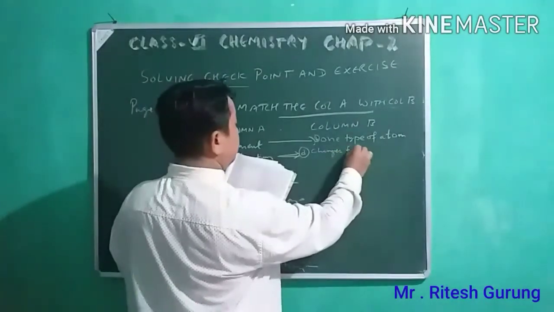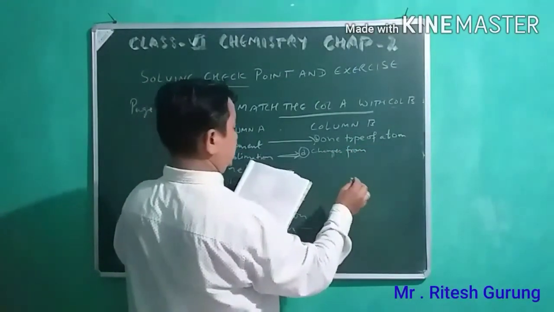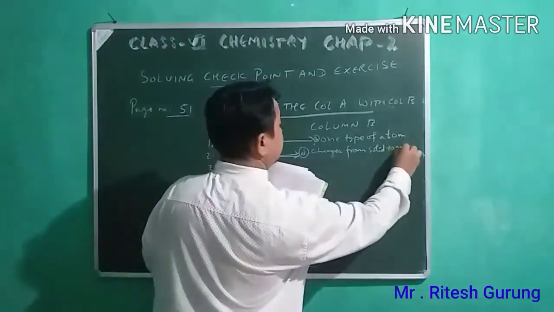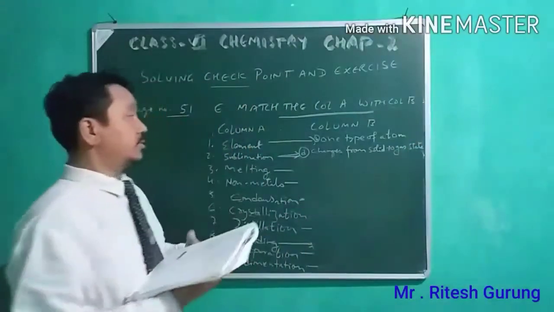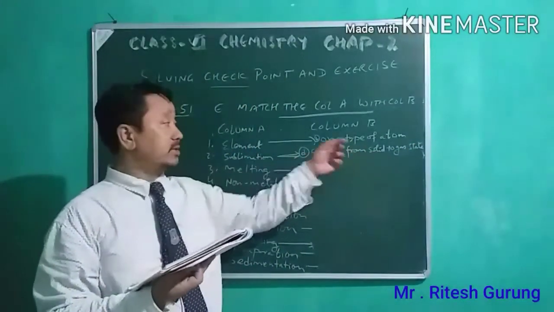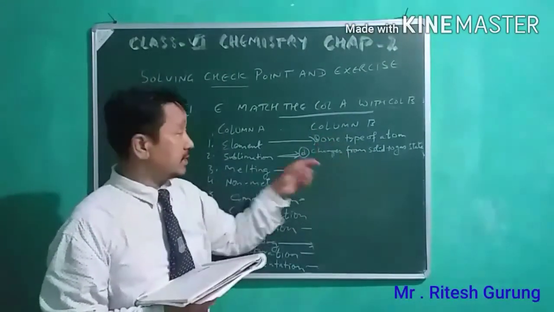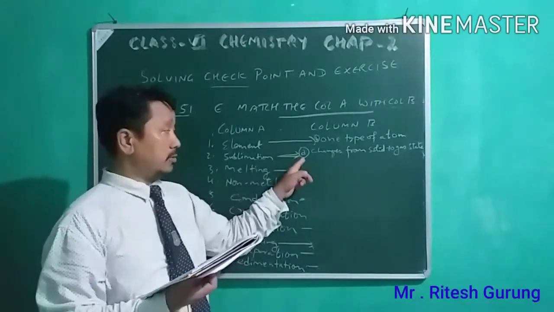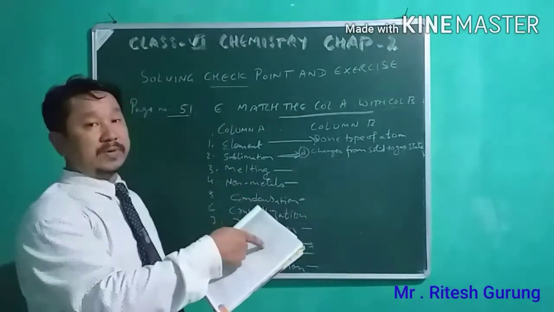Changes from solid to gas state. Though it is written in very small handwriting, the number that you have to note down, looking at the number you can see the option there in the book, so you can copy it from the book.